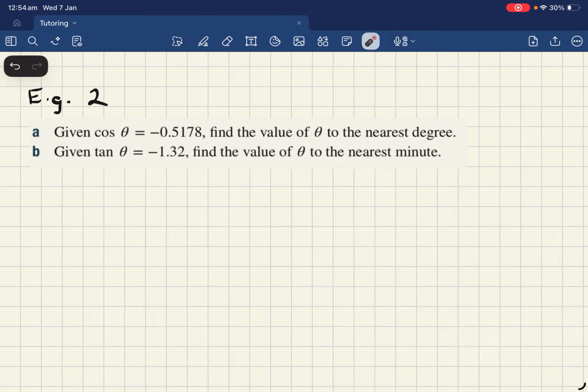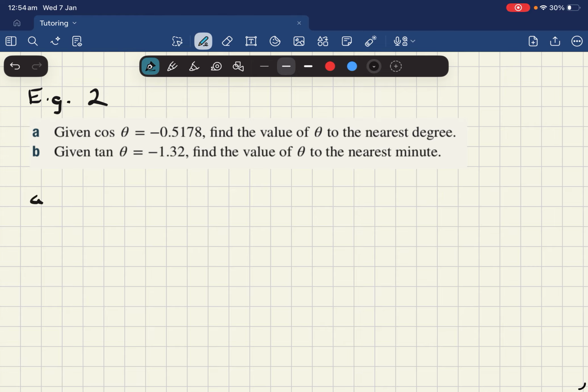Now, what that means is if we are to put this into our calculator, so if we want to find our theta, we are going to take the inverse cos of this value here, negative 0.5178.